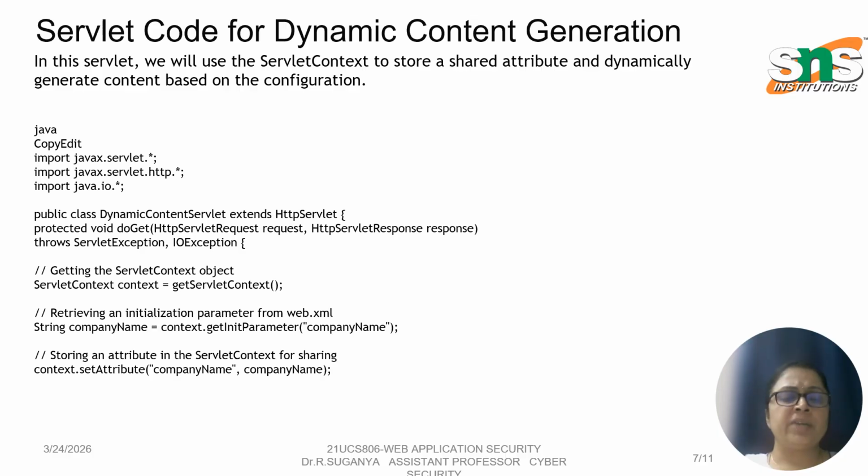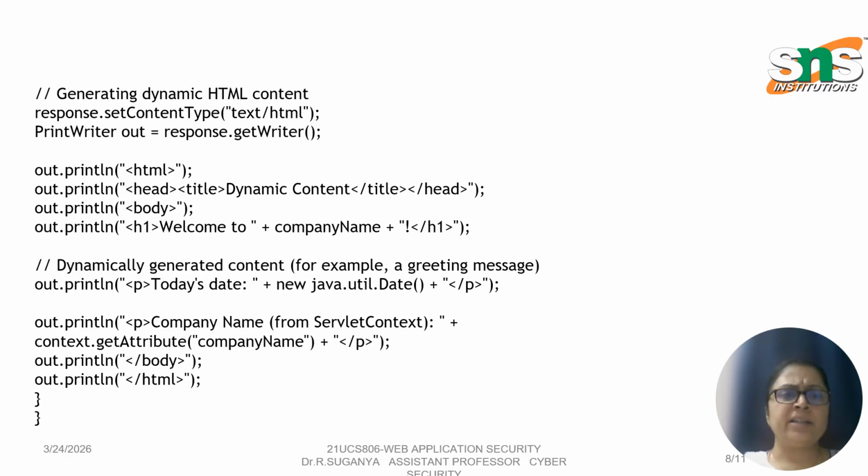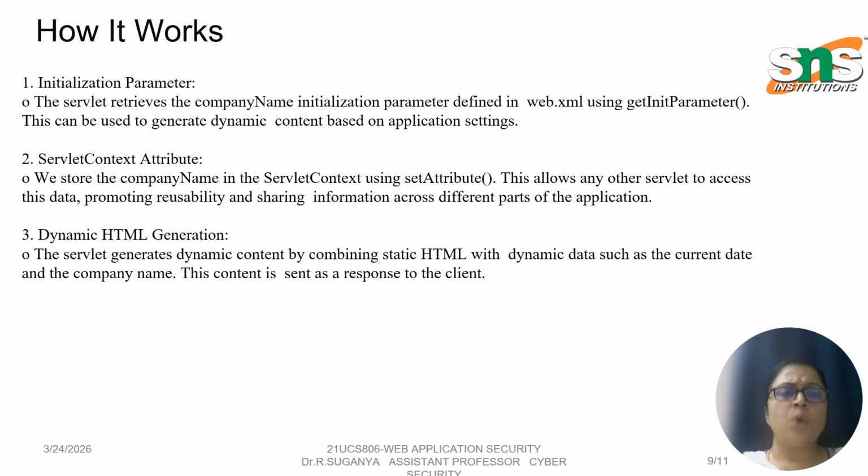We have to get the servlet context object, retrieve the initialization parameters, store an attribute in the servlet context, and generate the dynamic HTML content using getWriter and also getAttribute. And also how it actually works: initialization parameter, servlet context attribute, and dynamic HTML generation.